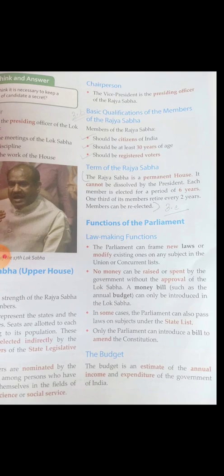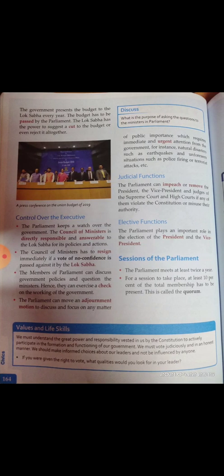Now the next topic after law making functions is the budget. The budget is an estimate of the annual income and expenditure of the government. Both things are discussed: the income of the government and the expenditure, how much money they have spent. Whenever the new year begins, the entire budget is planned out by the government.